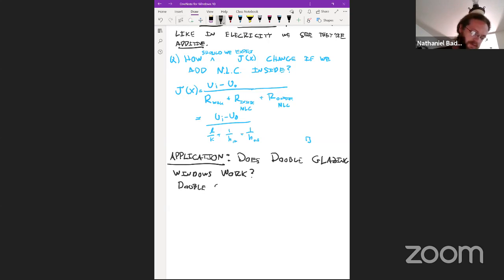So double glazing, you have glass, and then between the glass you have air.